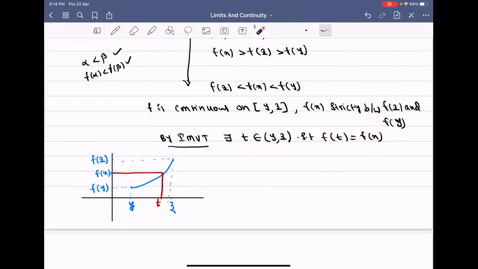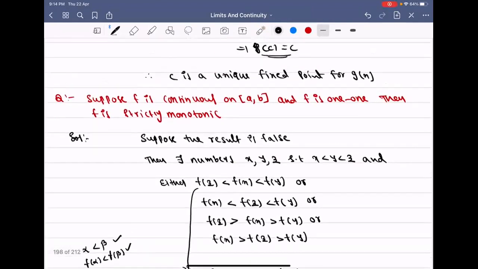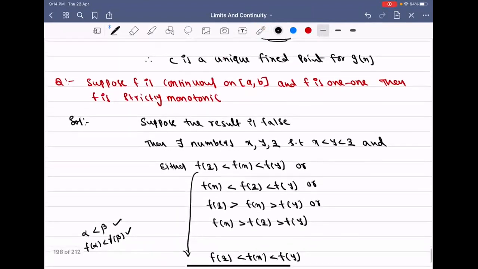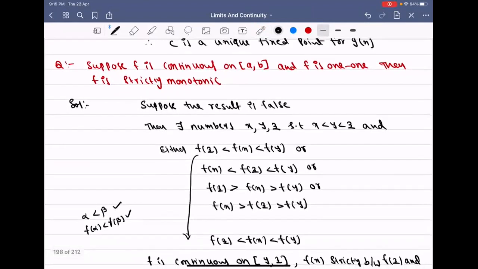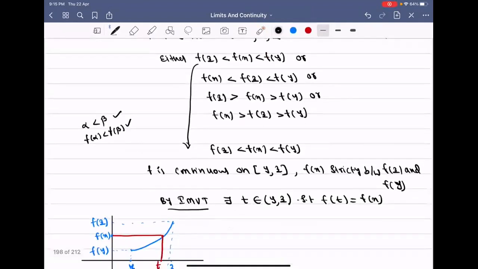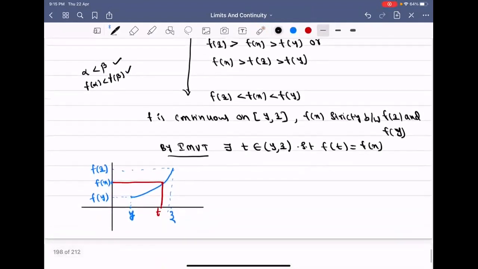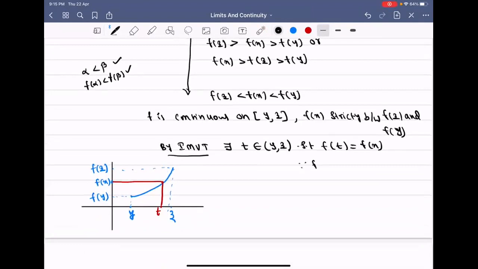Now the function is one-one. Since f is one-one, t must be equal to x.